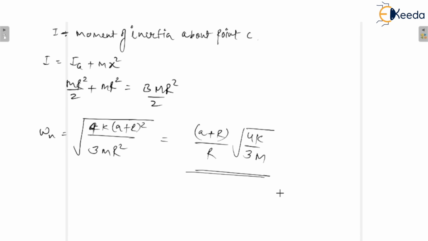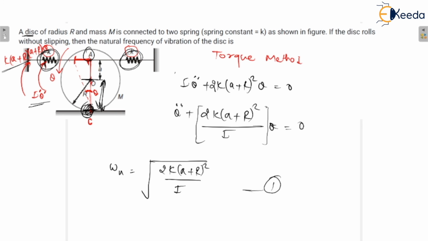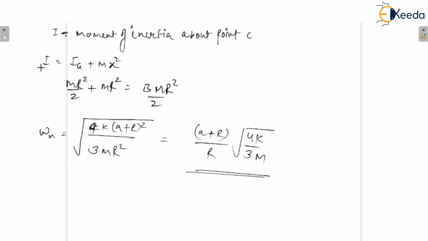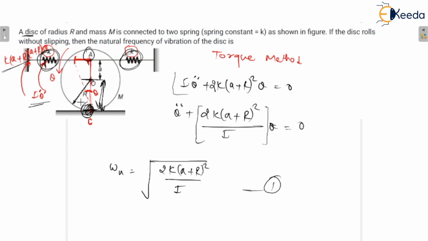So this would be the natural frequency of vibrations. The task is that first you have to write down the equation, second you have to calculate the moment of inertia. See, these types of questions are generally asked in the GATE examination every year. You can see the concept is the same. Because in the GATE examinations every year, a 2 mark question is fixed, and generally they ask questions on this type of natural frequency of vibrations.